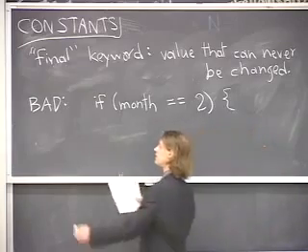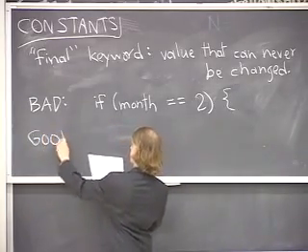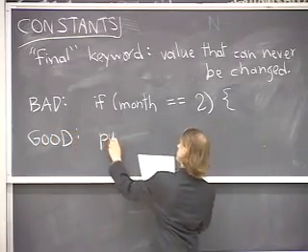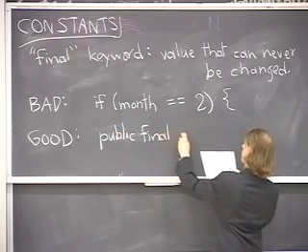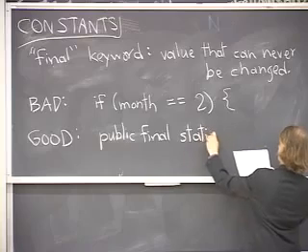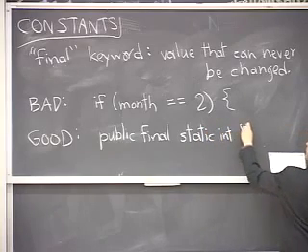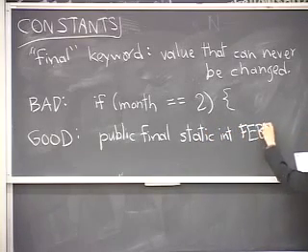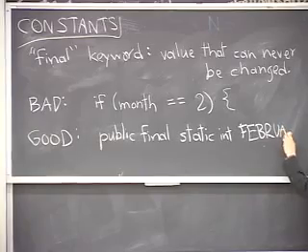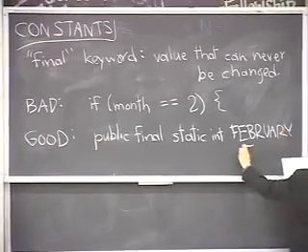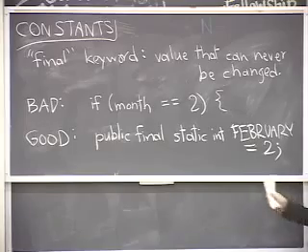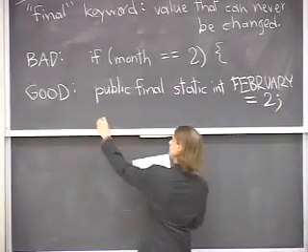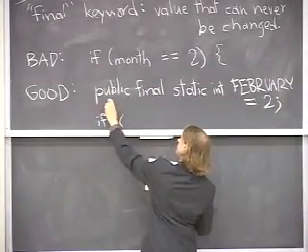So to avoid that possibility, somewhere near the top of the class, you define a final static constant, and you give it a name that's meaningful, hopefully to other people reading your code in the future, and you use an initializer to initialize it to some value. And then, everywhere else in your code, this is much later.